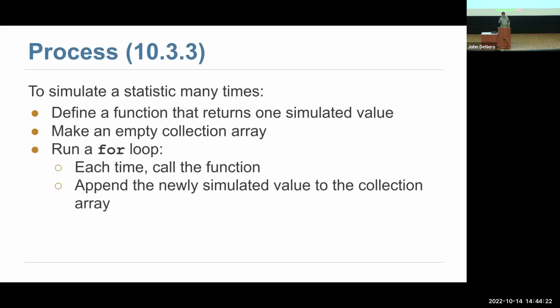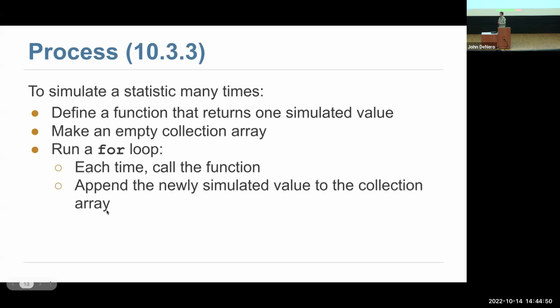If you ever want to estimate some value through simulation, you define a function that returns one simulated value, make an empty collection array, run a for loop that just says how many times you want to run the simulation, call your function, and append the results to the collection array. We've done this a bunch of different times, so I won't go through another example, but this exists in hypothesis testing.